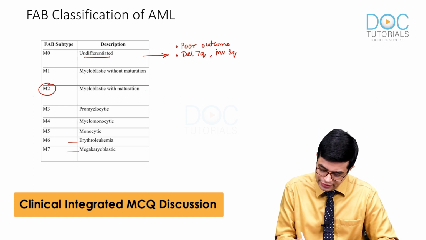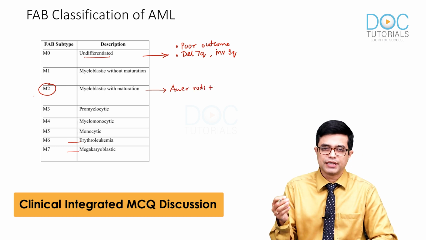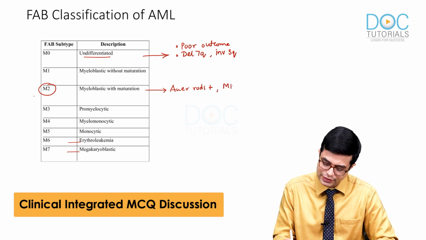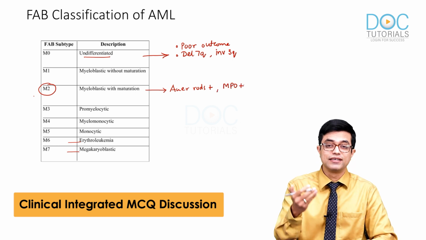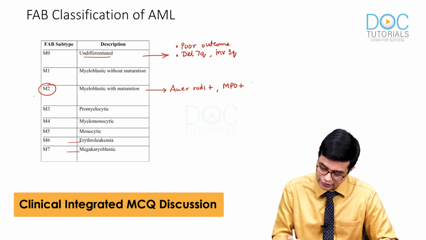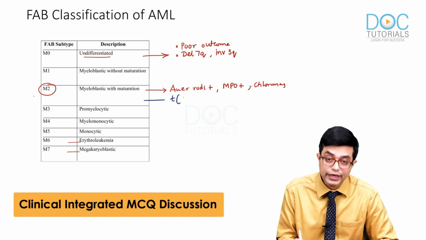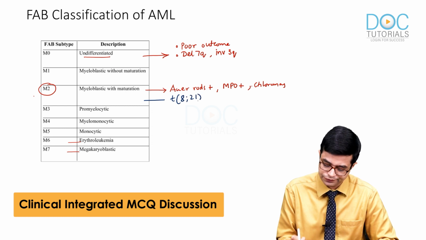The M2 variant will have Auer rods positive. Auer rods are cytoplasmic granules present in the myeloblasts. They will have myeloperoxidase positive, which makes these cells green. They are associated with chloromas. And the most common genetic abnormality seen in M2 is translocation 8;21.